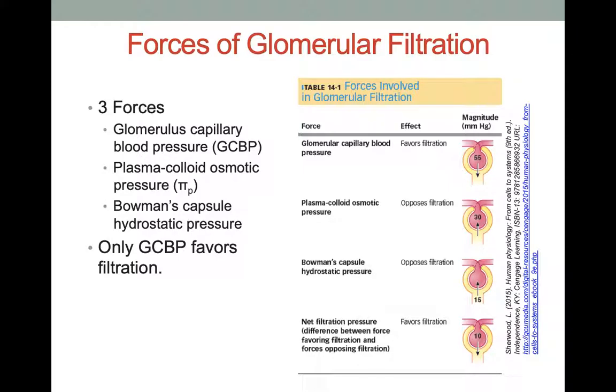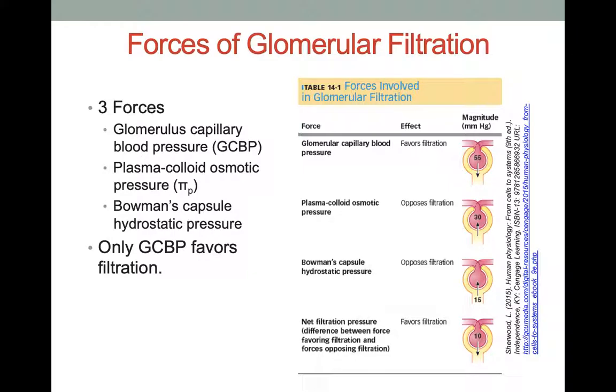So in this case, the concentration of water is going to be higher in Bowman's capsule than it is in the glomerular capillaries, and water moves down an osmotic gradient from high water concentration to low. So the water wants to go from the Bowman's capsule back into the glomerulus, which is the opposite of what we want to happen. So the plasma colloid osmotic pressure actually acts against filtration. It averages about 30 millimeters of mercury, again slightly higher than it is elsewhere.